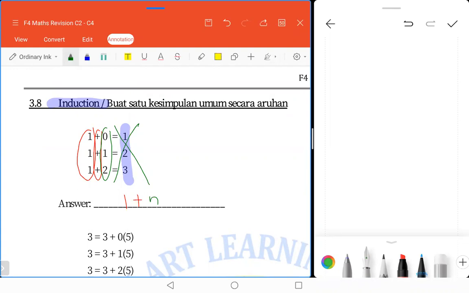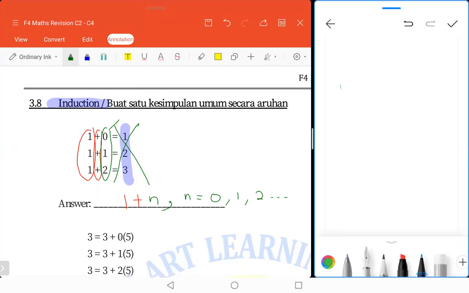So 1 plus n is the formula. But after that, you have to let people know the value of n. So you put a comma and say n starts with 0. We write n equal to 0, 1, 2, dot dot dot, which means and so on. If you want to find n equal to 4, you can use the formula: 1 plus 4 is 5.